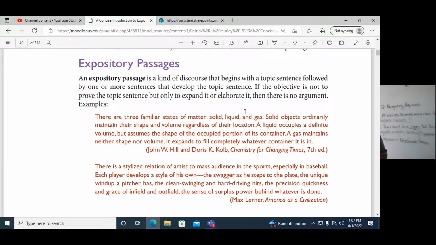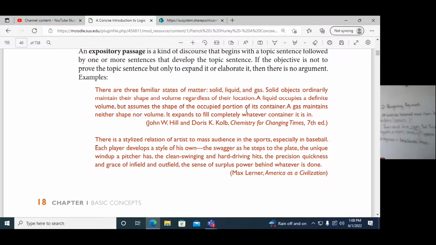Like, William James, the American philosopher and father of American psychology, was a professor at Harvard from 1869 until his death in 1910. That literally is exposition. It's a biographical account of my favorite philosopher's life. Again, you'll see that expository passages are just explaining various things.